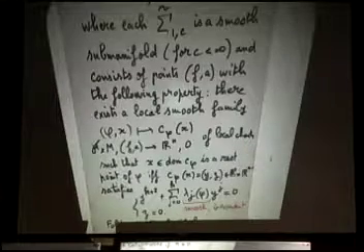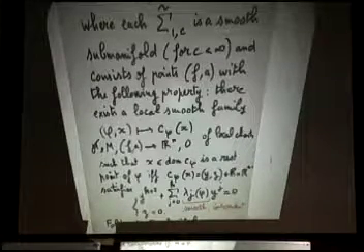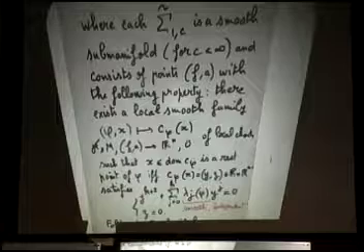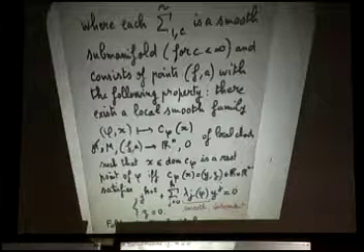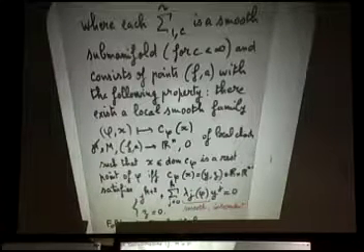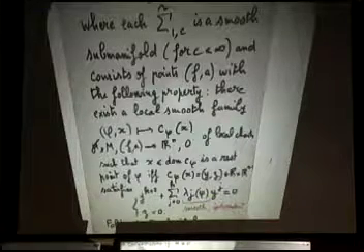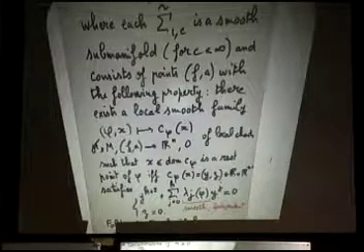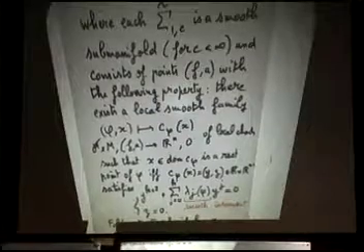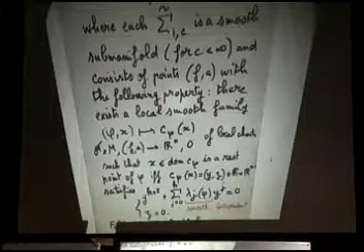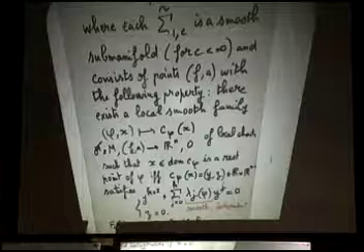So what you see is that these lambda_j of phi are smooth and their differentials at f are independent. In the case of k equals 0, you get what is called the fold catastrophe.